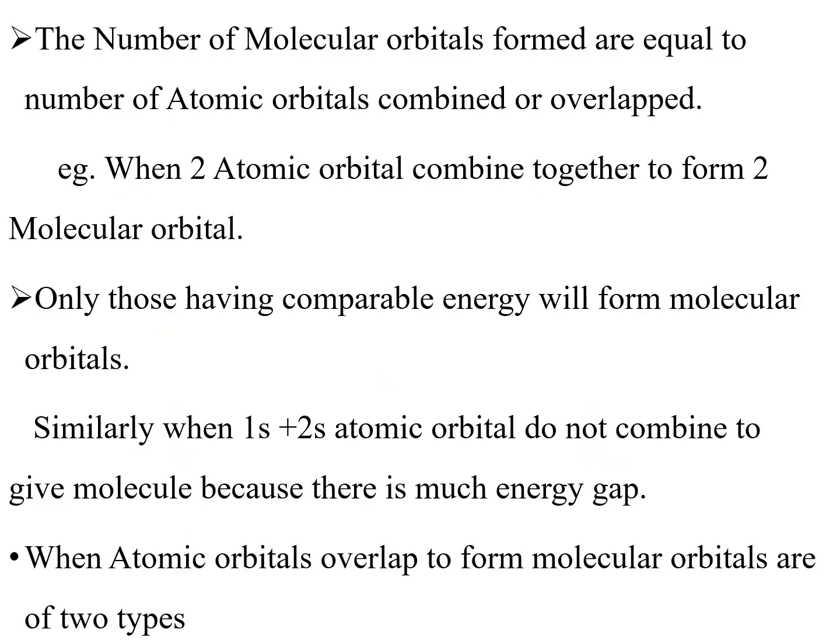The second postulate says that the number of molecular orbitals formed is equal to the number of atomic orbitals combined or overlapped. When two atomic orbitals combine, they form two molecular orbitals. Similarly, when four atomic orbitals combine, they form four molecular orbitals.